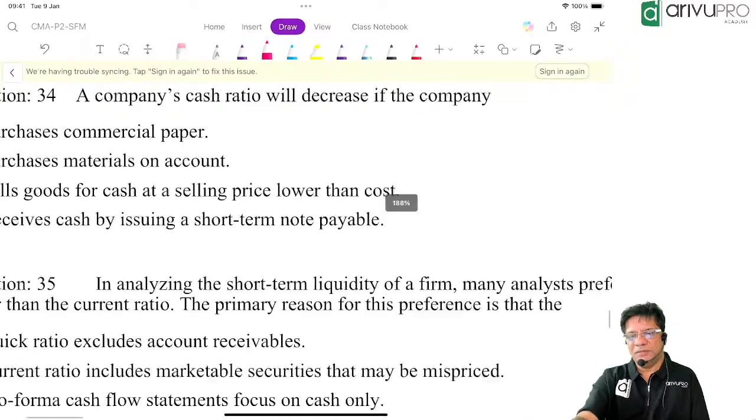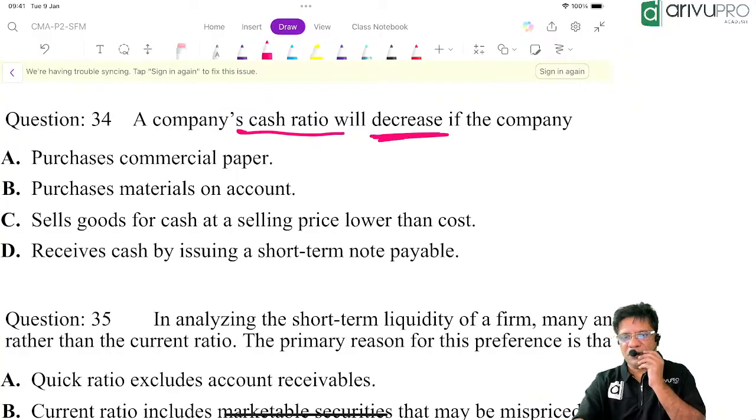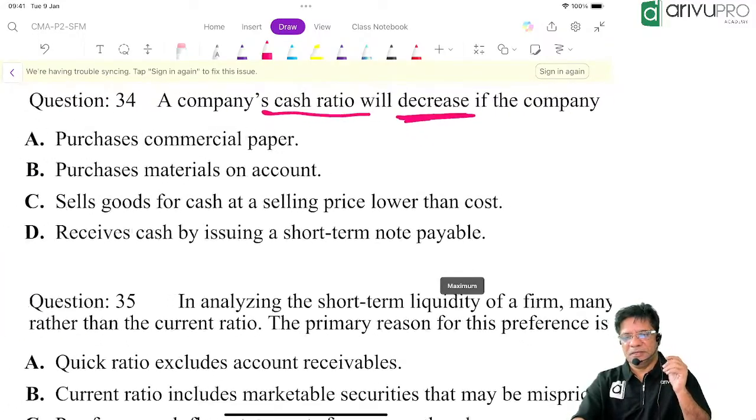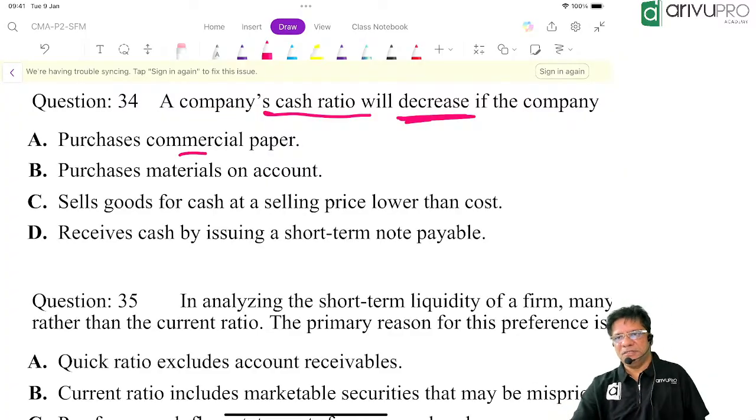Okay. Now you tell me, do you like theory? Go ahead. A company's cash ratio will decrease when? For example, purchase commercial paper, where commercial paper is a short-term investment. Material on account means credit purchases.